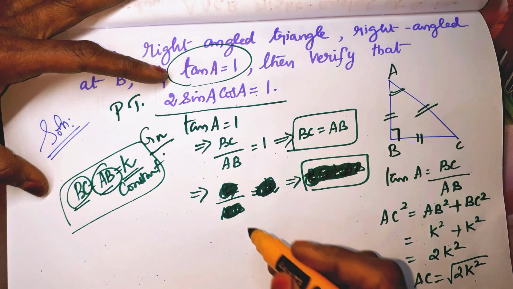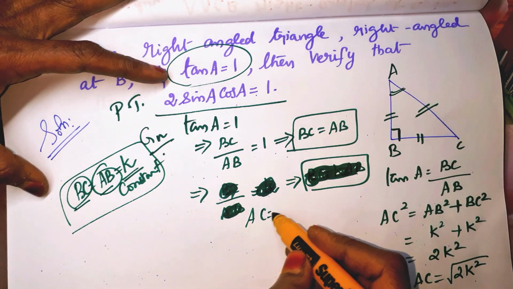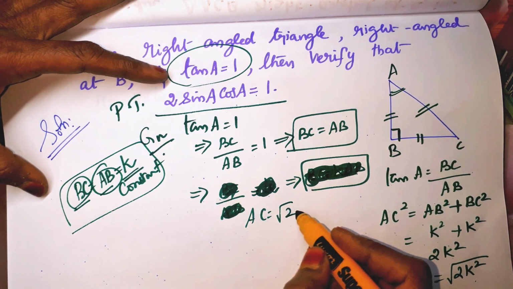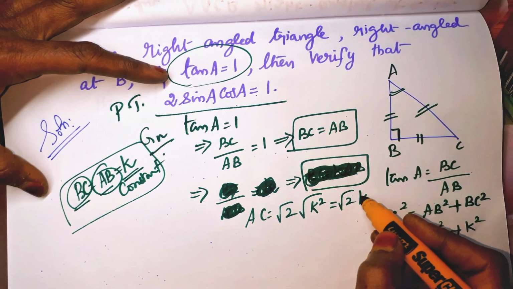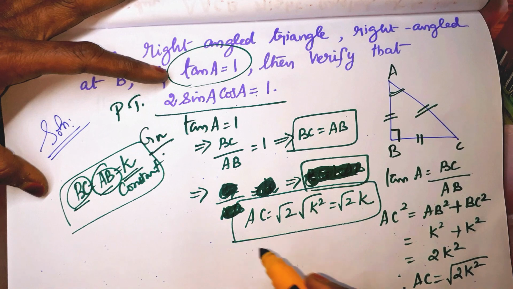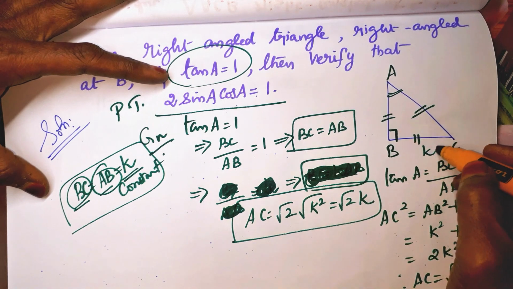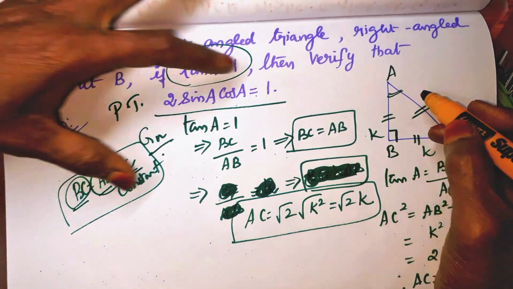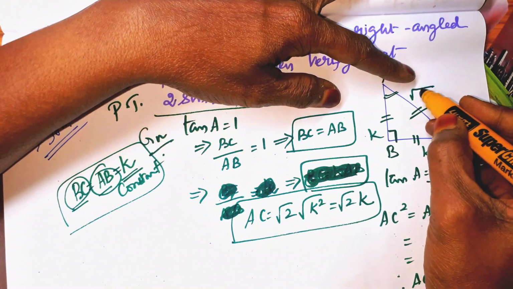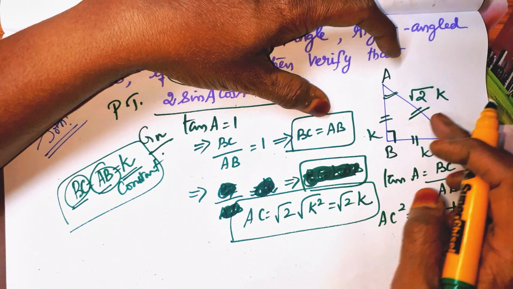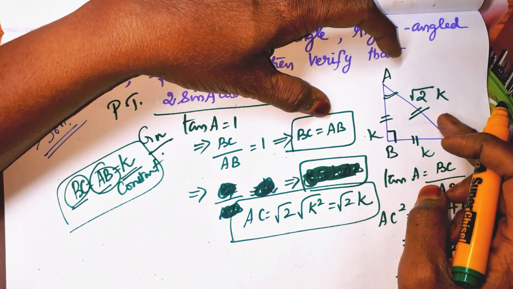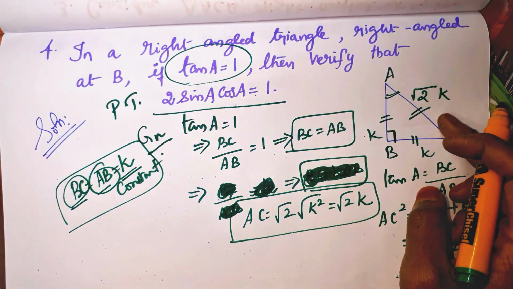So AC is equal to root 2 into root of K squared, which is root 2 into K. So when we take BC as K and AB as K, AC is root 2 into K using Pythagoras theorem.